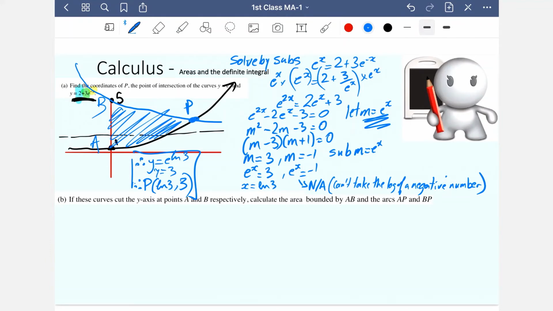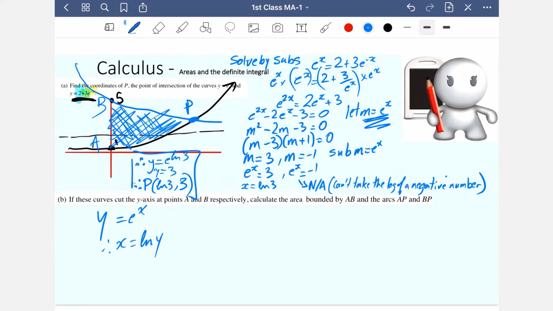Now when you first look at it, you'd think that this is a question about area and the y-axis. However, the issue with that is that you would need to make x the subject of both of these formulas. Okay, so y equals e to the power of x, so therefore x is equal to the log of y.